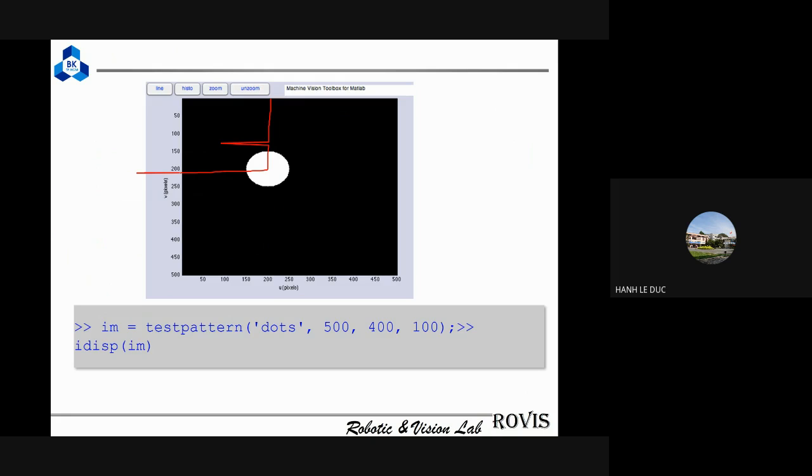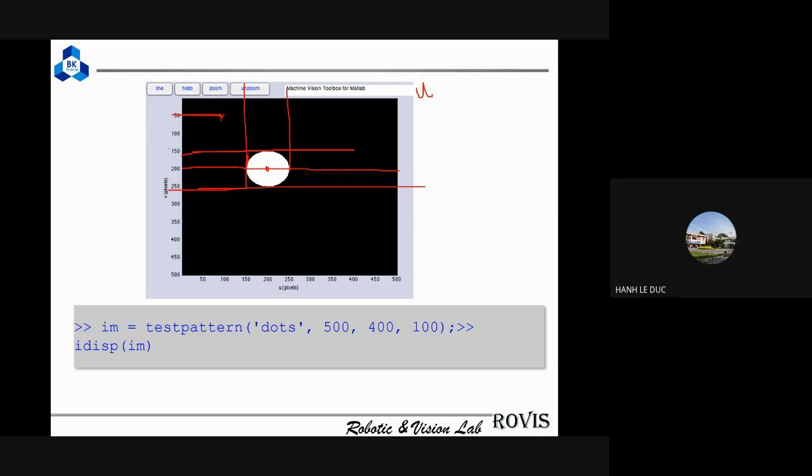From the traditional calculation, how do you calculate the center? It's very easy. Just scan from left to right, and this is the minimum u. You find the u minimum and the u maximum, and here you also find the v minimum and v maximum.